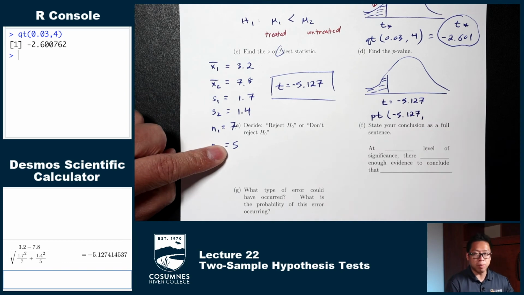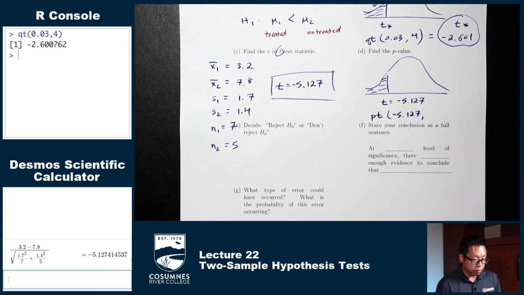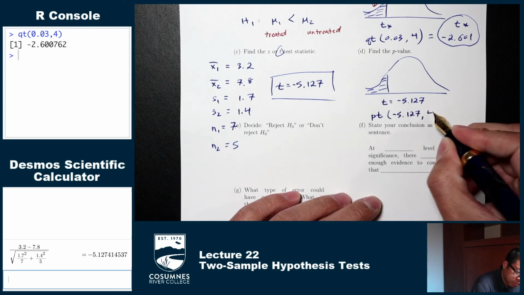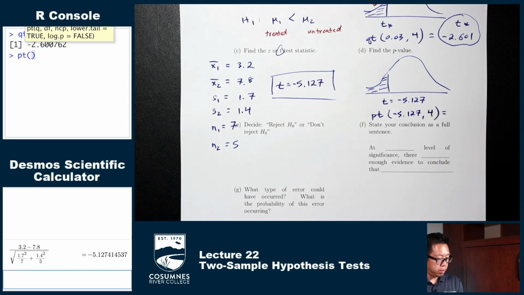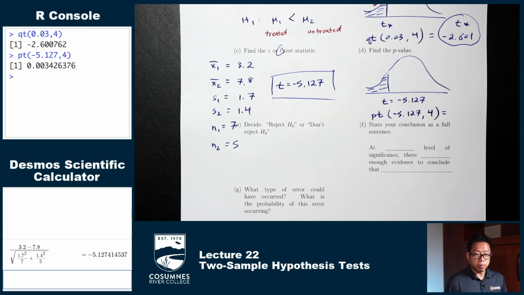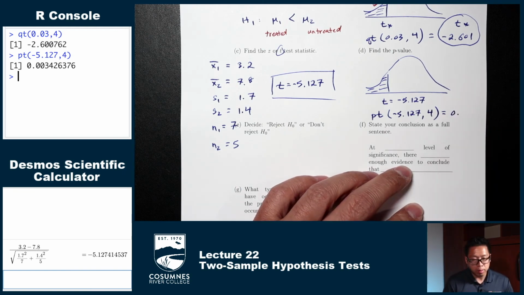Degrees of freedom means 1 less than the sample size, so 1 less than 5 is a 4. So in our pt, negative 5.127, comma 4, I get 0.003. Round it to 3 decimal places, that would be 0.003.